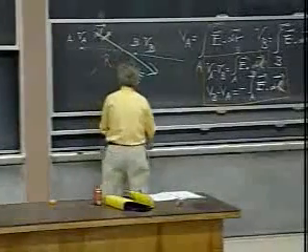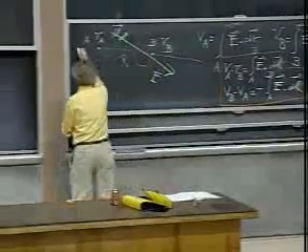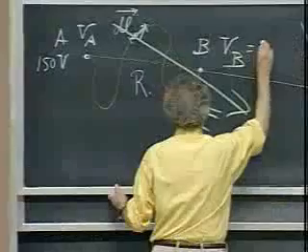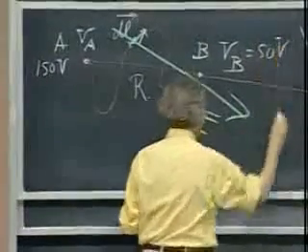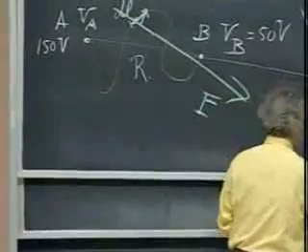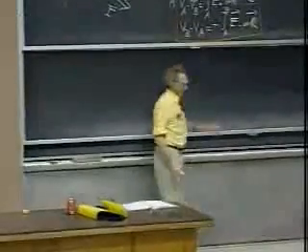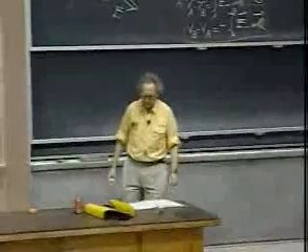So let's now make the assumption that VA is 150 volts, and that VB, for instance, is 50 volts. So it's a very specific example. What does it mean now?